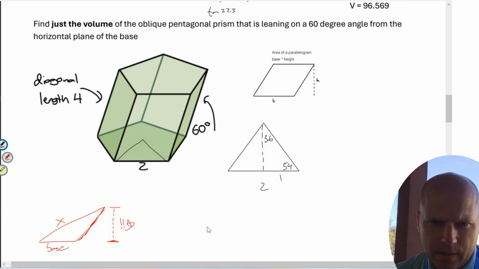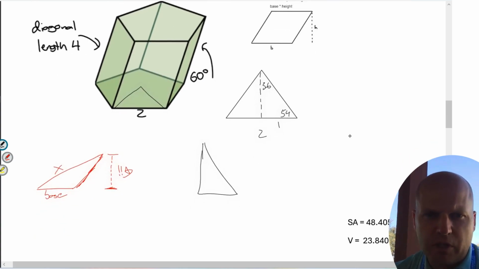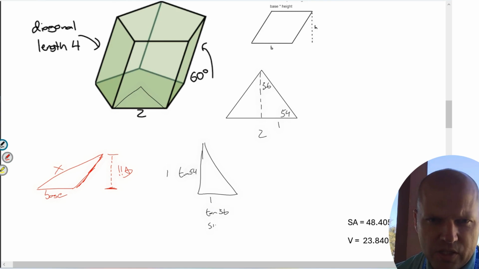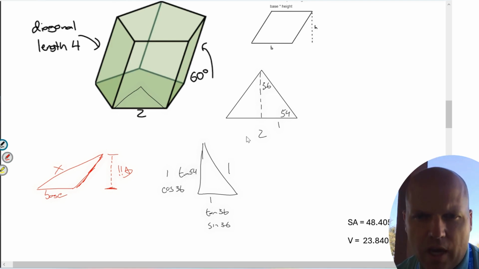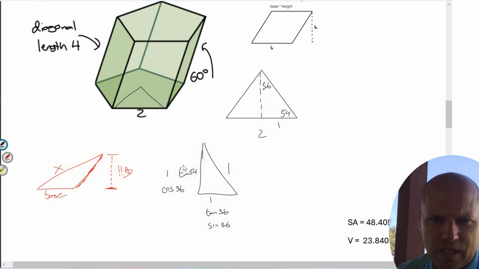You've got a right triangle whose ratios can be so many different things. It could be tan 54 over 1. It could be tan 36 over 1. It could be sine 36 over 1 here. It could be cos 36 over 1 here. There's all your options. So I want the tan 54 over 1.